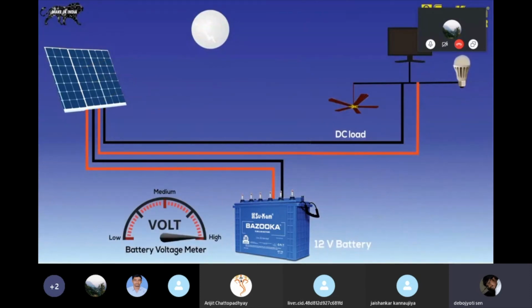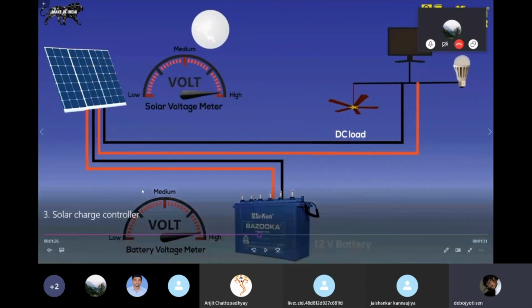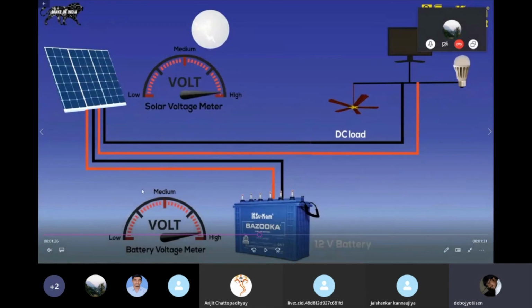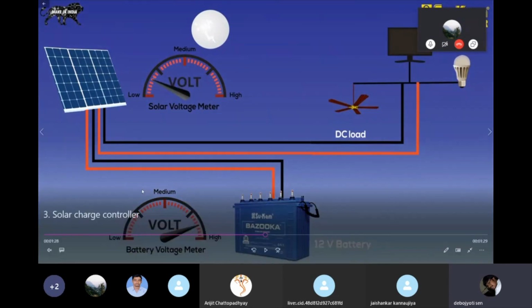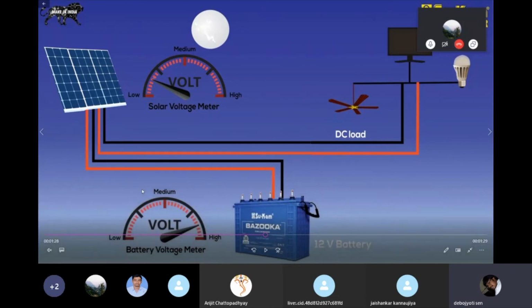Now, what happens without a charge controller at night? We have seen that in the day it might damage the battery. At night, we are showing two meters: a solar meter and a battery meter, both showing voltages. At night, the solar meter shows the lowest voltage because the panel is not generating anything.